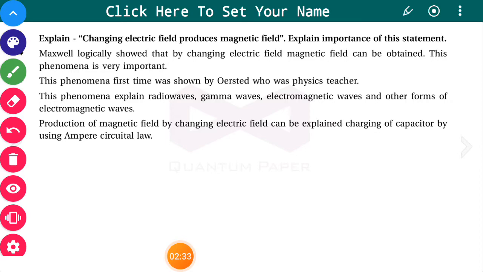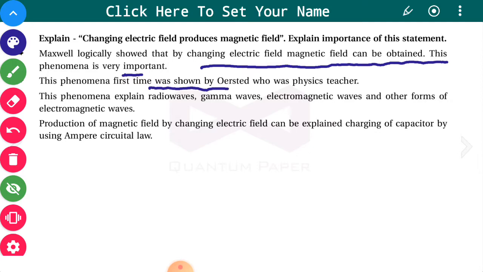Now this statement given by the scientist Maxwell is that a changing electric field produces a magnetic field. Maxwell logically showed that by changing the electric field, a magnetic field can be obtained. This is a very important phenomenon, and this phenomenon was first shown by Oersted, who was a physics teacher, and it explained radio waves, gamma waves, and other forms of electromagnetic waves.